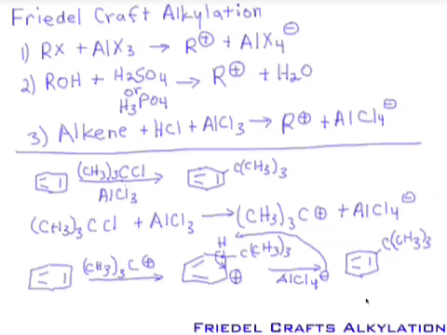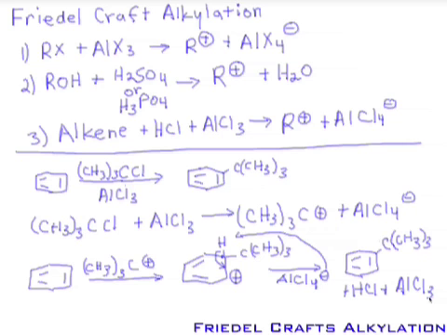Of course, we get HCl and AlCl3. So the AlCl4 minus falls apart, restoring AlCl3, which becomes a catalyst for the reaction. So this looks exactly the same as what we've seen in bromination and nitration. Nothing new.